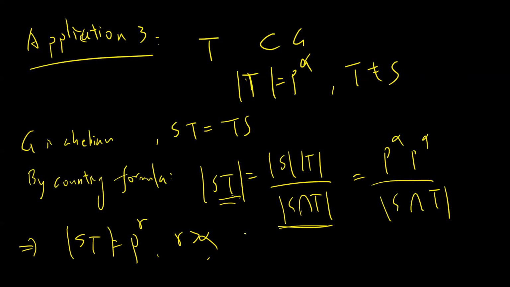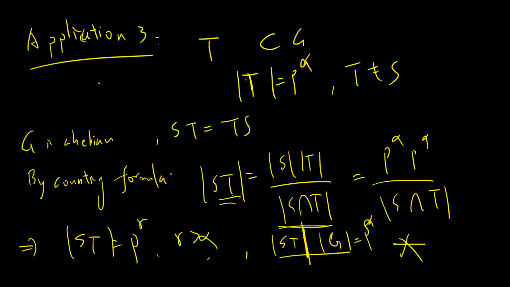But I know that ST is a subgroup of G, so the order of ST should divide the order of G. But now the troublemaker: the highest power of P dividing G is P to the alpha, but you say that ST is P to the gamma, and gamma is greater than alpha, which is a contradiction.